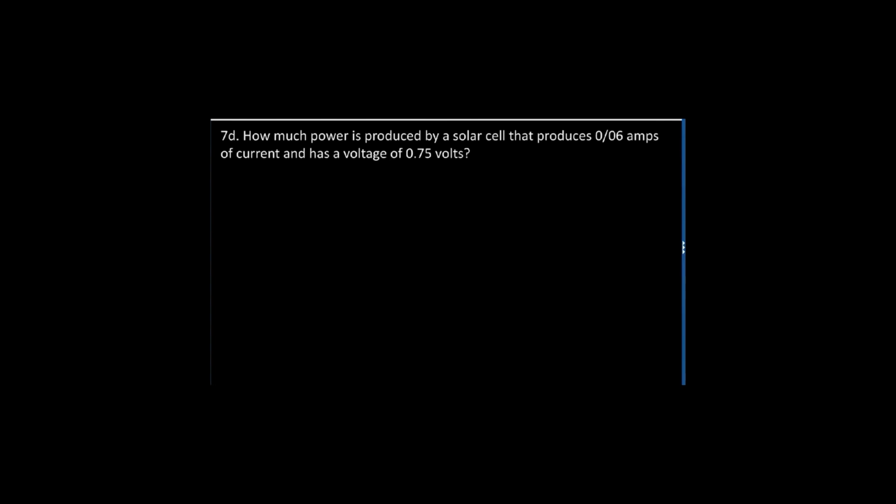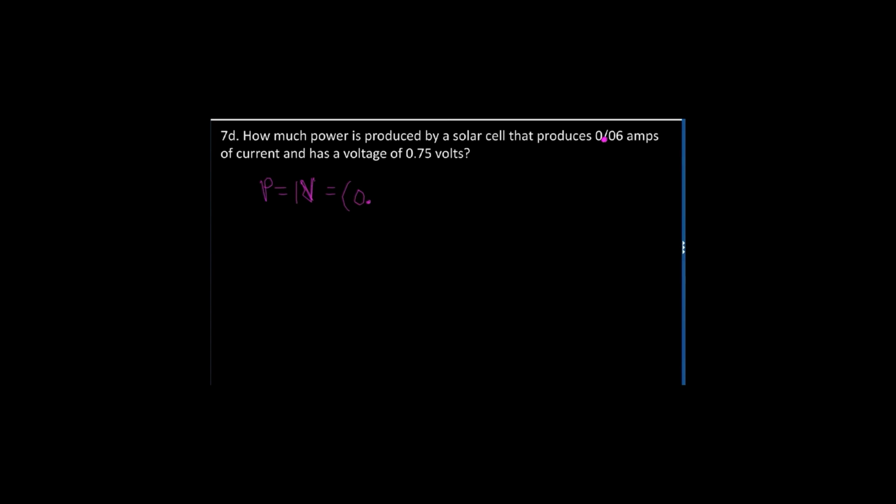Now we have part D. For part D, it has this little fraction here. I believe they meant a decimal. So just put a decimal there. And so the first thing you need to do is figure out your power. So power is equal to current times voltage.